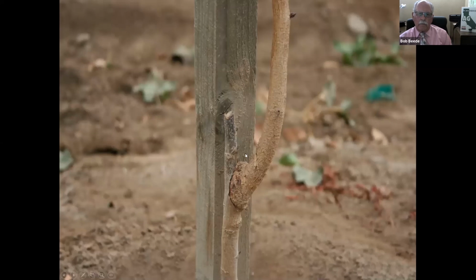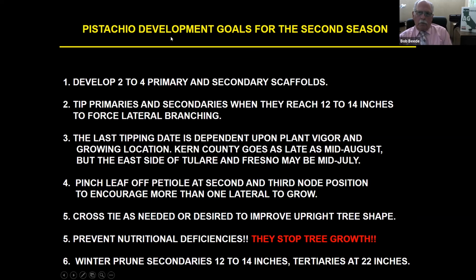We also leave a portion of the rootstock above the bud union, because this can die back, and we don't want it to die back into this area and weaken the union. Goals for the second season: develop 2 to 4 primary and secondary scaffolds.